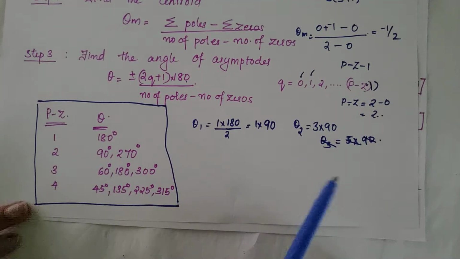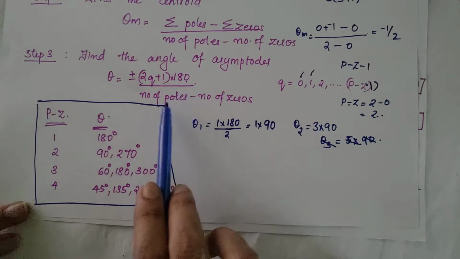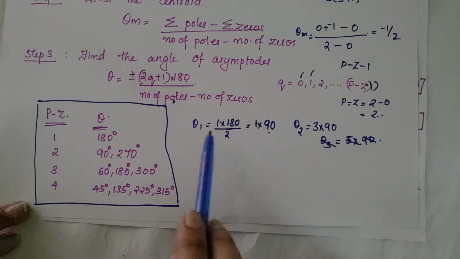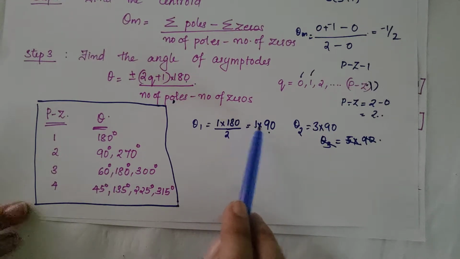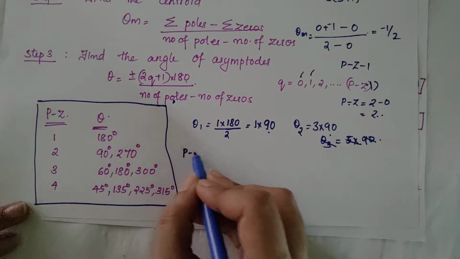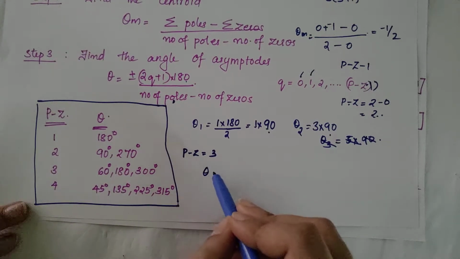If p minus z is equal to 2, then 180 by 2, so it will be a multiple of 90 and there will be only two multiples, that is 1 into 90 and 3 into 90.